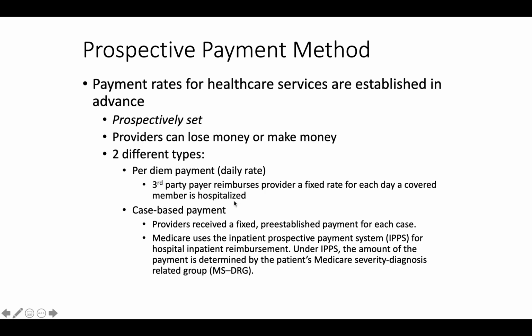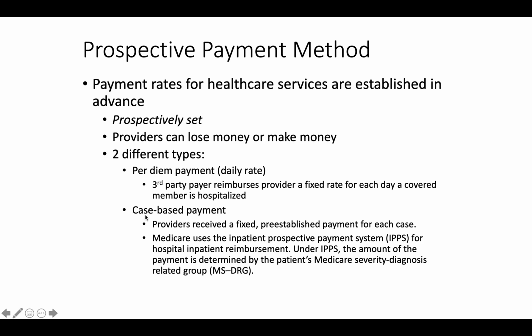So this type of payment considers the time character. For example, if the person is admitted for 5 days in hospital, the hospital receives a certain amount of money for each day of hospitalization.